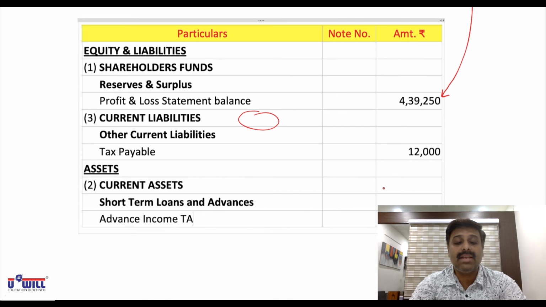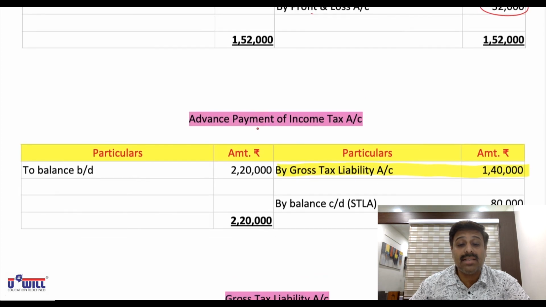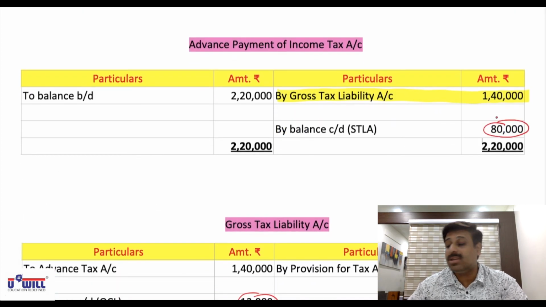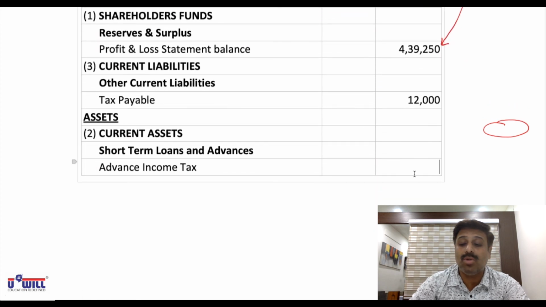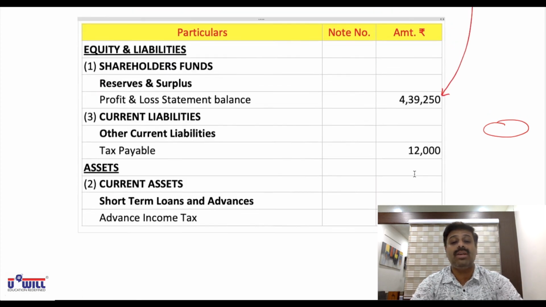What amount of advance income tax we will show? Only current year's amount of advance income tax. That is balance of this 80,000. This 80,000 we will be showing in current assets in short-term loans and advances. So these all effects will be shown in balance sheet.